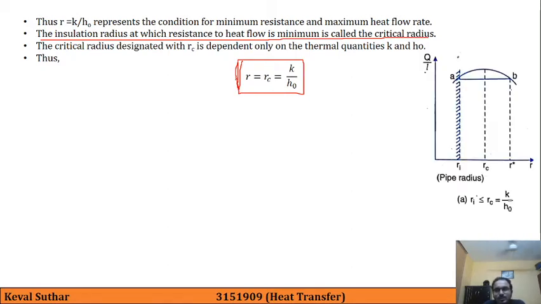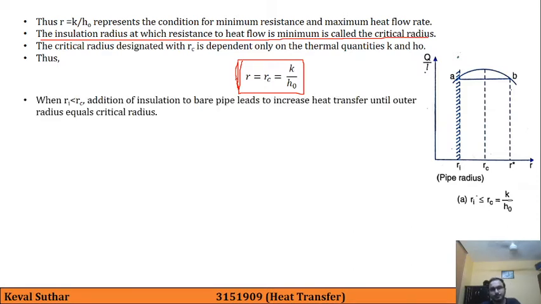So from here onwards, we need to go into detail. Consider that the existing pipe radius is this, that is Ri.